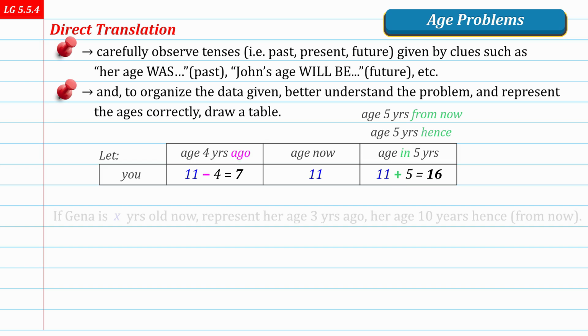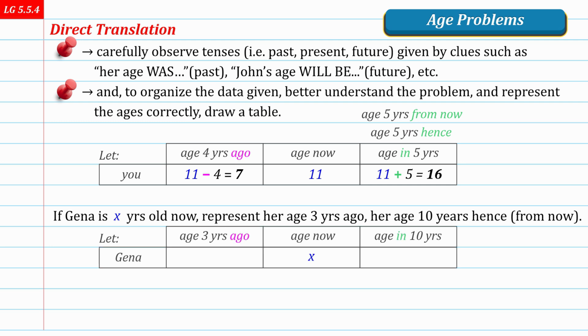Let's have an example. If Jenna is X years old now, we don't have the exact age, we only have X as the value, we use the same structure to represent her age at other times. So, how do we represent her age 3 years ago?